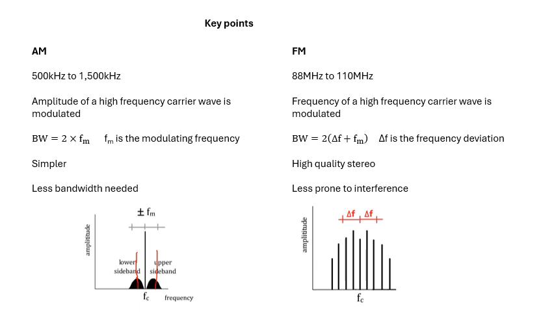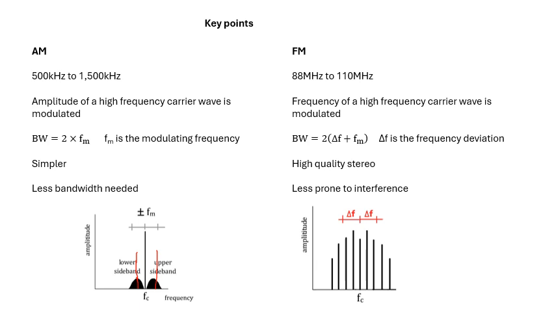Okay, I said the BBC uses 75 kilohertz, and that's the maximum frequency deviation. Okay, high quality stereo, much less prone to interference. You know, lightning doesn't affect it at all. Why? Because it'll only change the amplitude, it doesn't change the frequency.